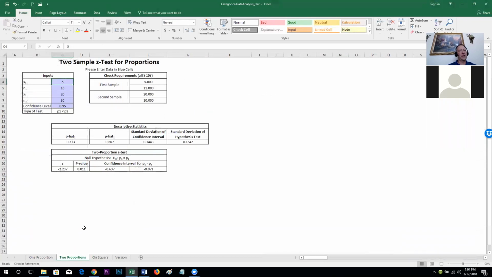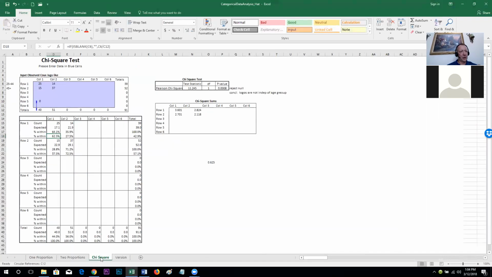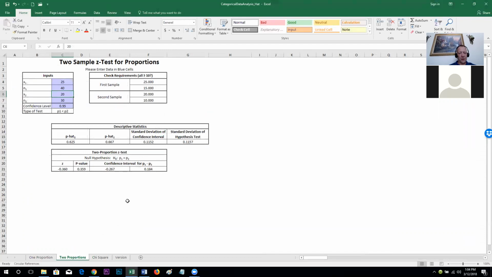So I could turn this into a proportion test. Actually, here, I'll do it. 25 out of 40. And for the other one, it was 14 out of 51. And we'll say it's a not equal here.